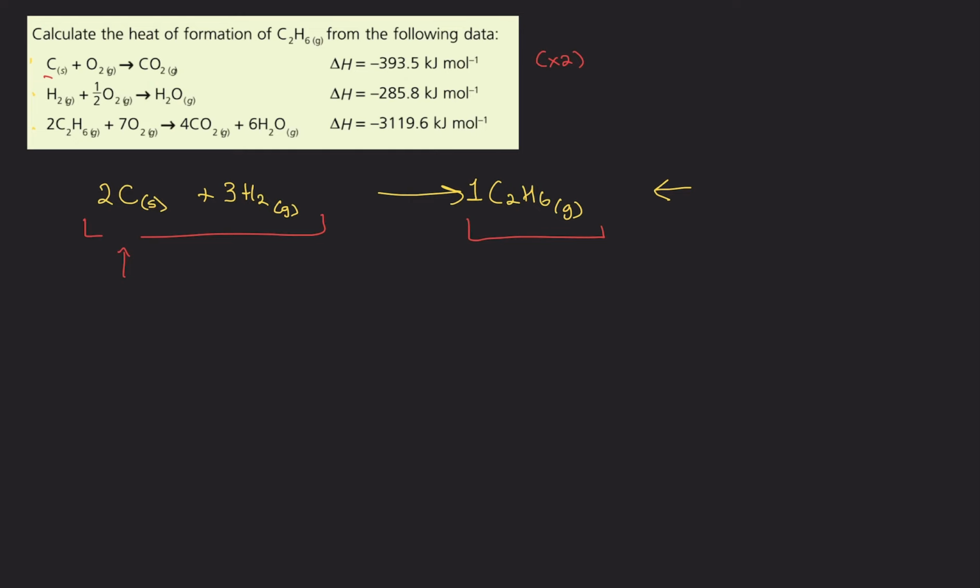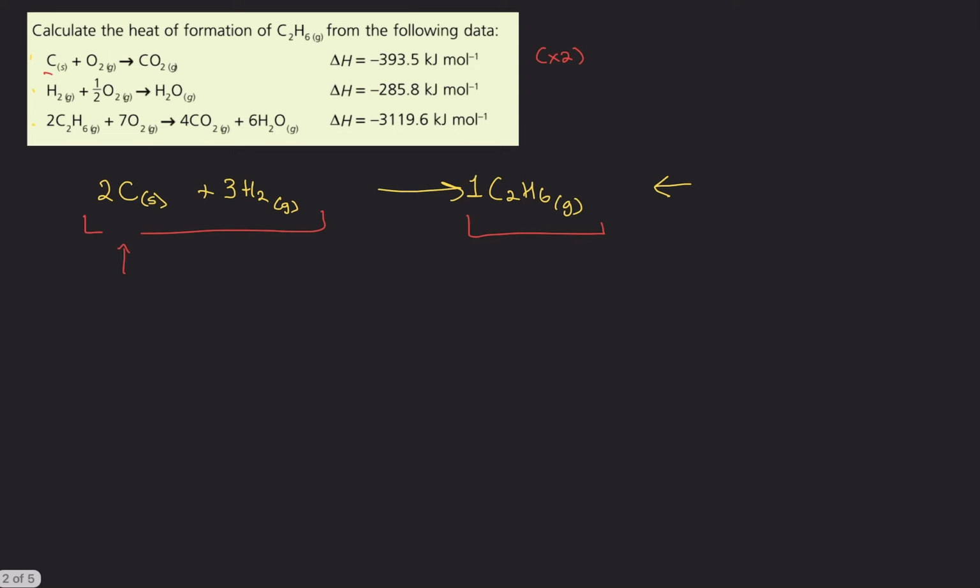And the whole line needs to multiply by 2. So once I do that, I'll get 2 carbons, 2 oxygens, goes to 2 CO2s.